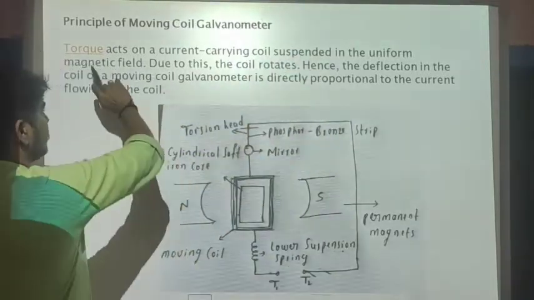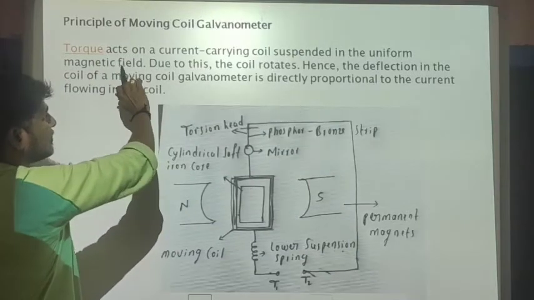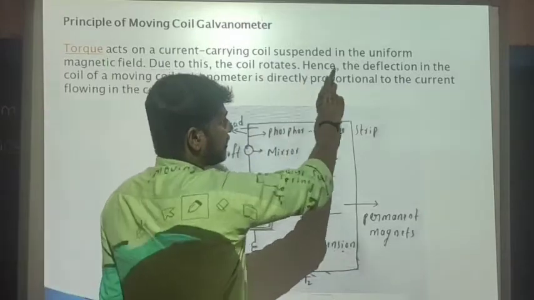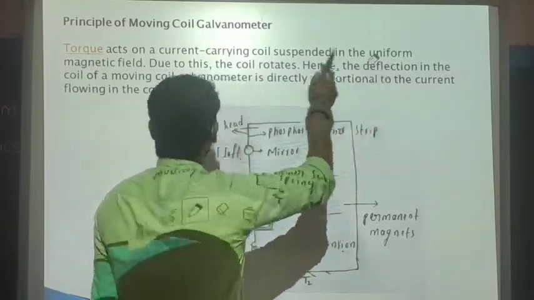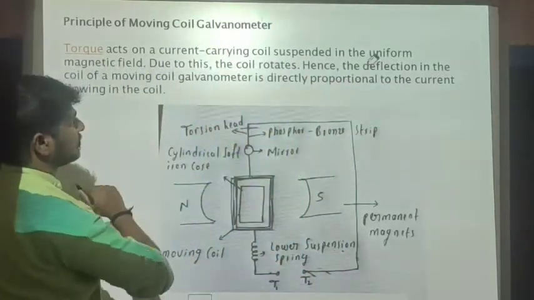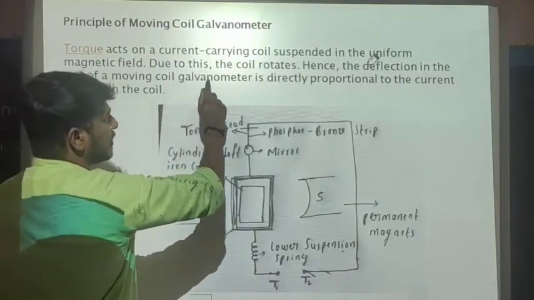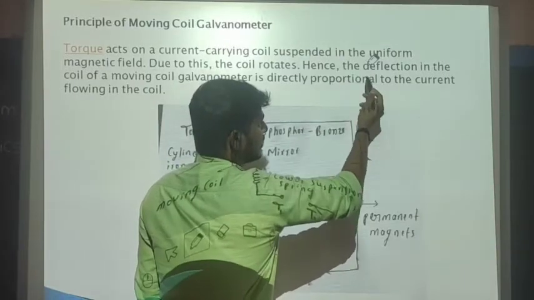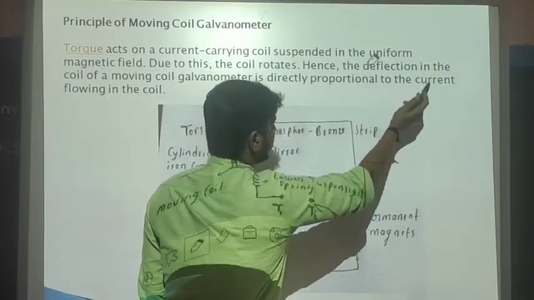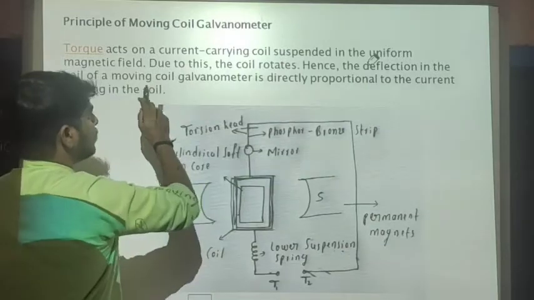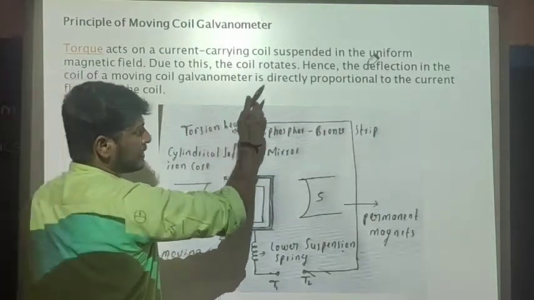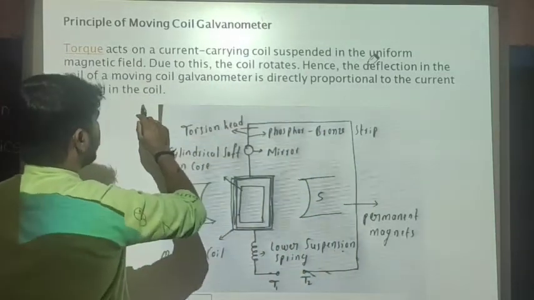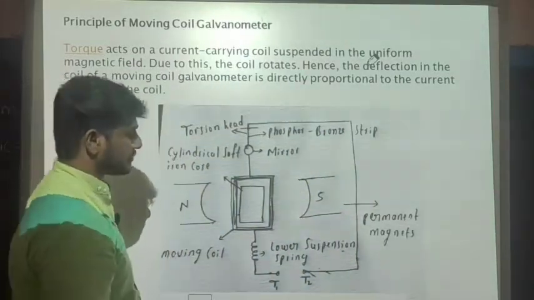It states that a torque acts on a current carrying coil suspended in a uniform magnetic field. Due to this, the coil rotates, hence the deflection in the coil of a moving coil galvanometer is directly proportional to the current flowing in the coil.